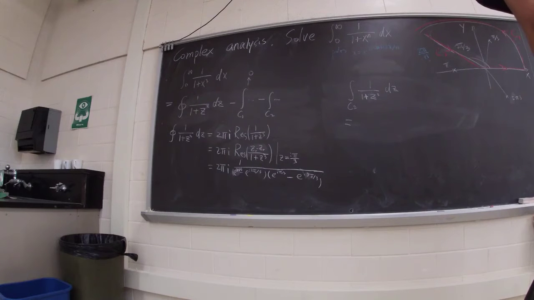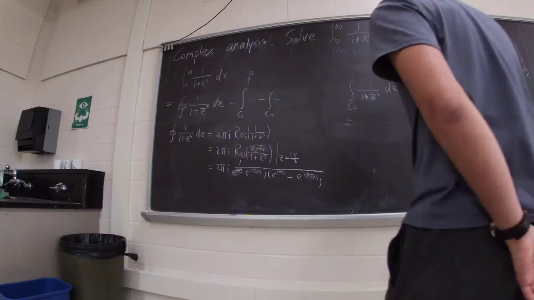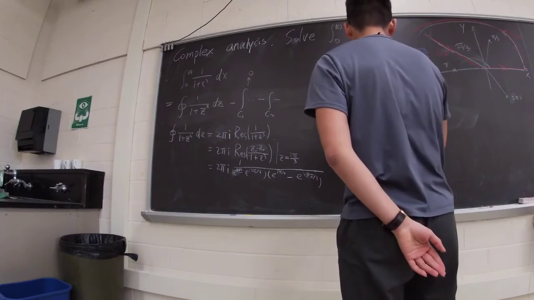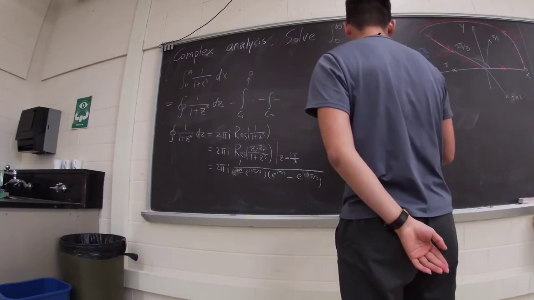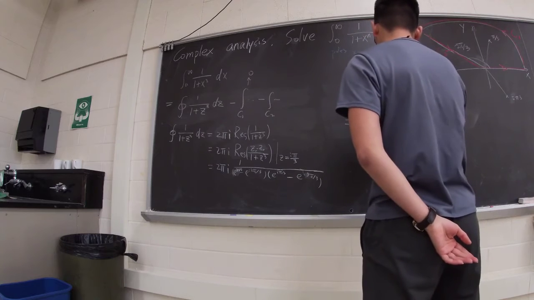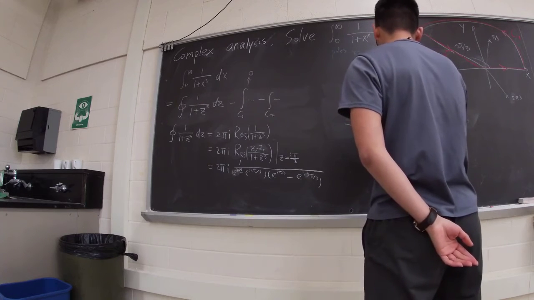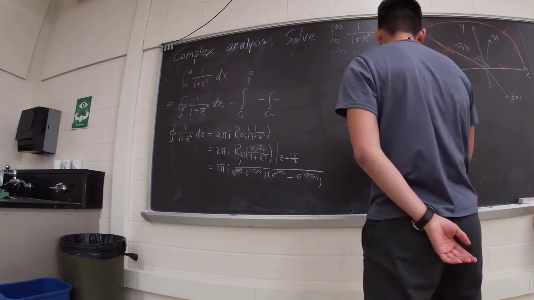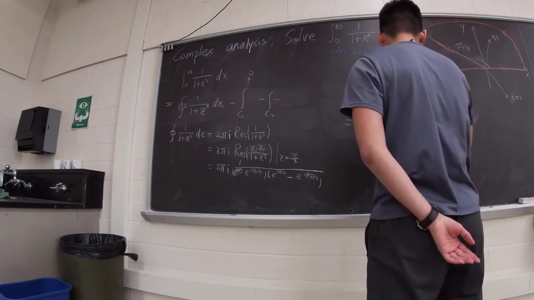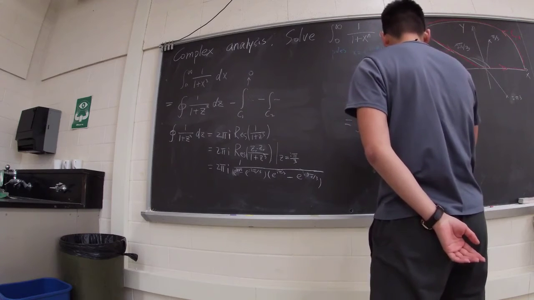What would that be? We'll go from 0 to infinity of 1 plus r cubed e to the i 3 theta.